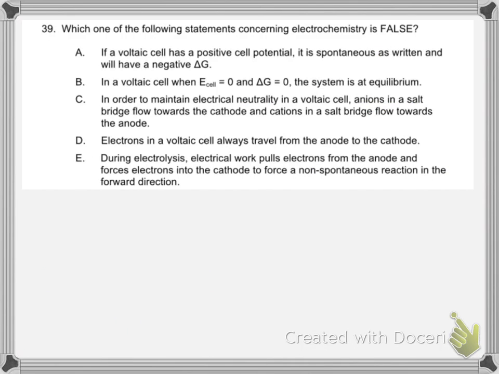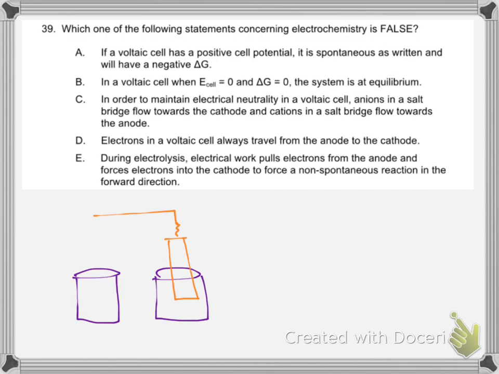So this question is pertaining to voltaic cells. I'm just going to quickly draw a voltaic cell diagram here. So we've got one compartment, we've got another compartment, and we'll have two materials, usually metals, attached.